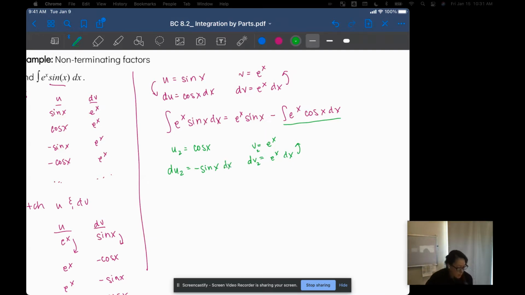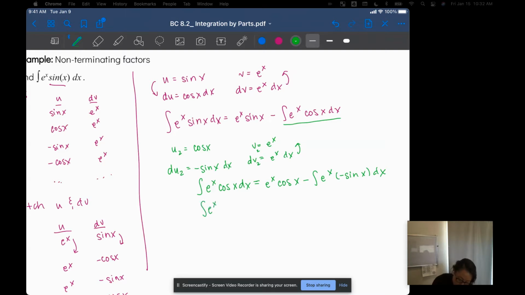Okay. So next up is to write out what the integral of e to the x times cosine of x dx is, using our integration by parts. So u times v, so e to the x times the cosine of x minus the integral of v, e to the x, times negative sine x dx.